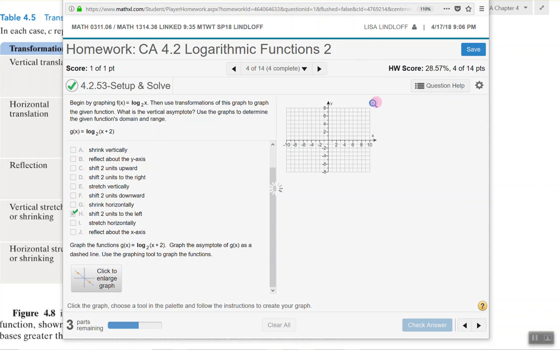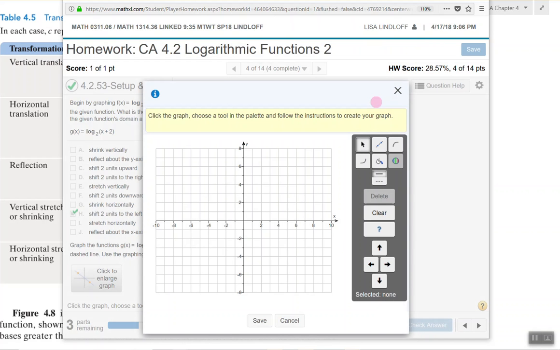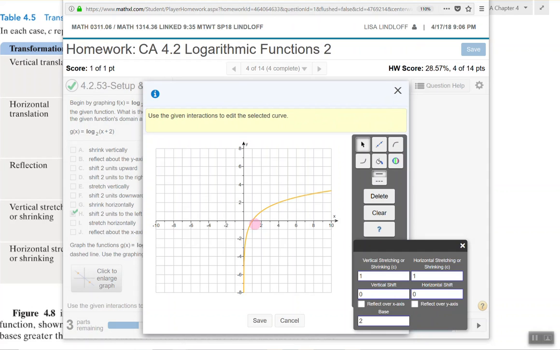The log function shape is right here. One point I know is that the x-intercept is there. This is base 2, and my problem is base 2, so that's good. I do not have stretches or shrinks, so that means that the coefficients are 1.